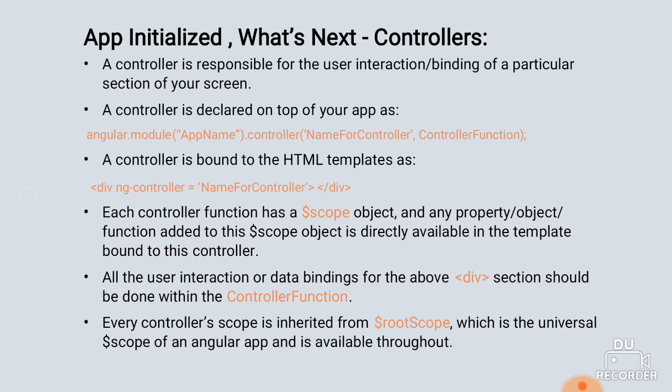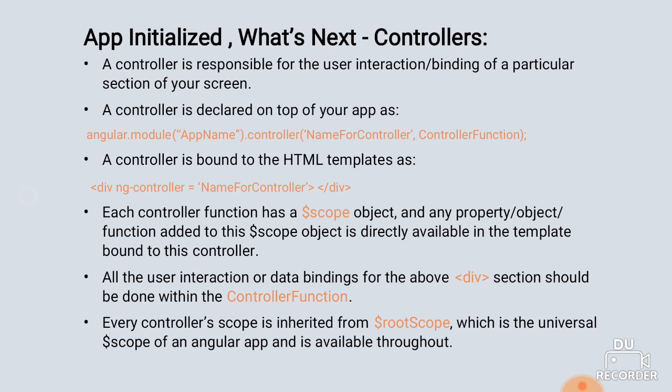Now this controller can be attached to your screens by using the ng-controller directive. You already saw the use of ng-app to attach the entire app to your HTML node. In a similar way, ng-controller is yet another directive that clubs the name of the controller to your part of the screen.